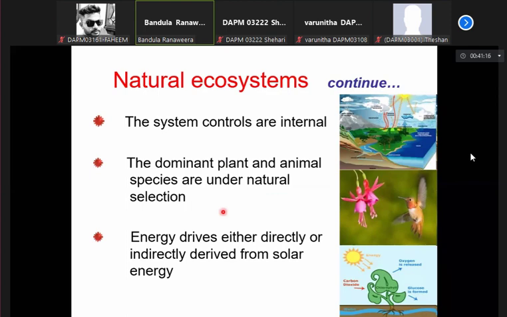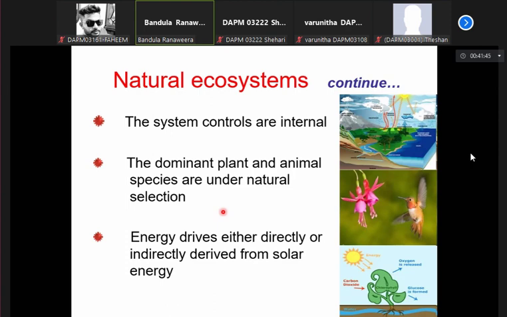Then a natural ecosystem is a solar-based system, with energy absorbed by the leaves of the plants. In natural ecosystems, the plants absorb energy, and that is the only energy source coming from outside.